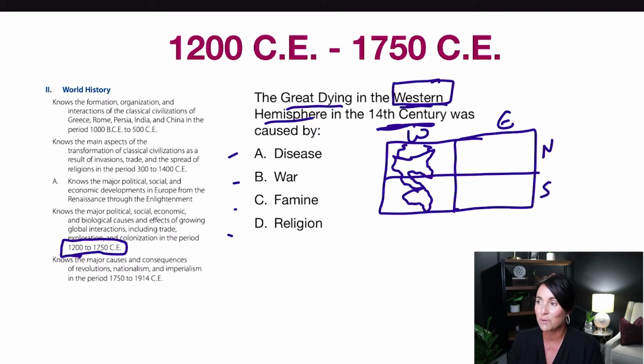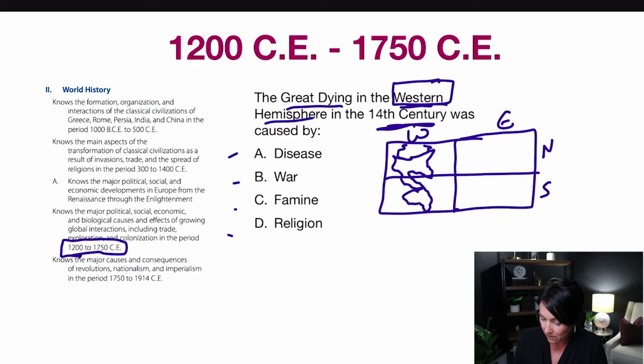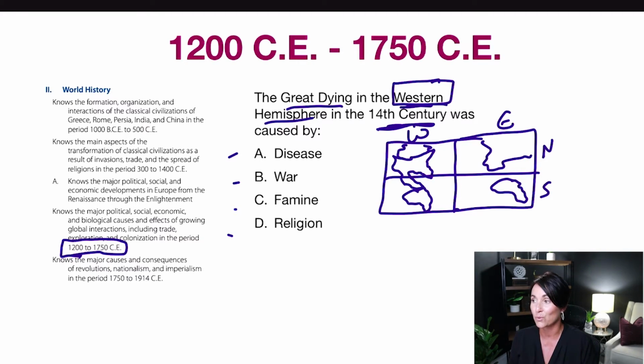Oh my God, there's my terrible Western Hemisphere. But what happened in the Western Hemisphere in the 14th century? Well, Europeans, I'm not even going to attempt to draw Europe. I'll just make it a little bit nice. We'll do a bunch of stuff here, and then we'll do Africa here. That's not the way the world looks, but let's pretend that's just the way it is.